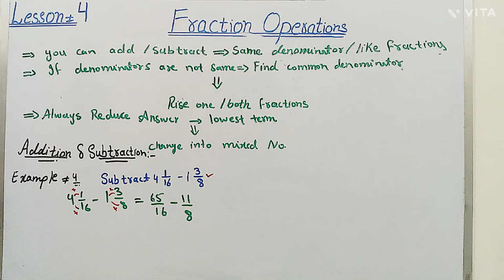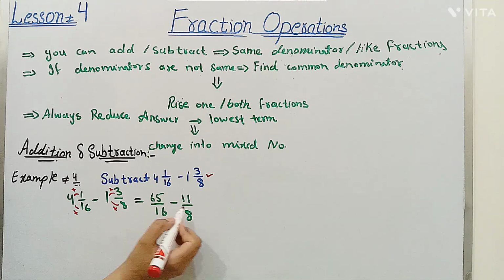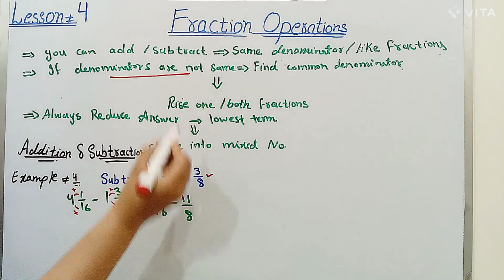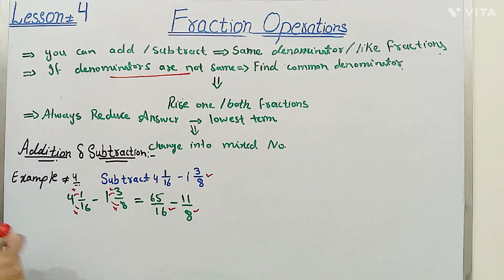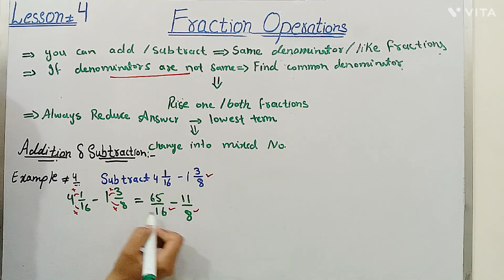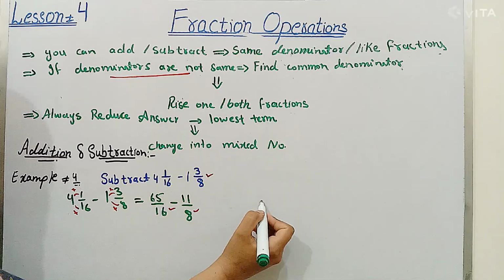Now again there are unlike fractions. Denominators are not the same. So what do we do? Firstly, we will make the multiples of these two denominators.